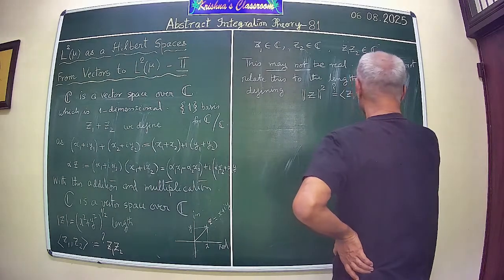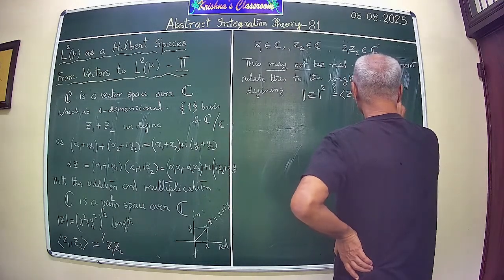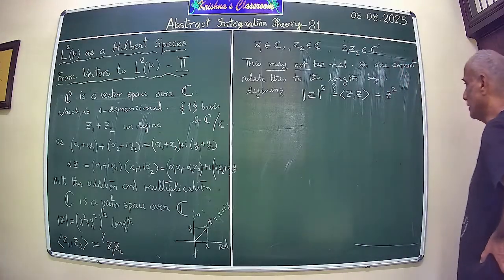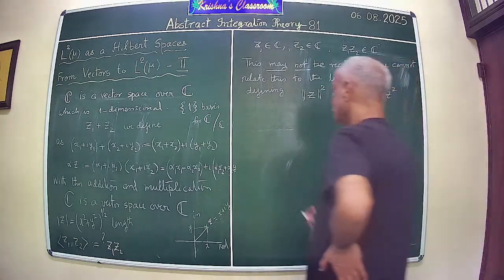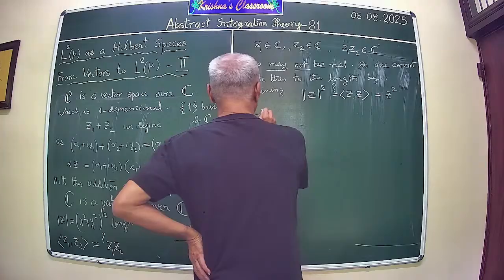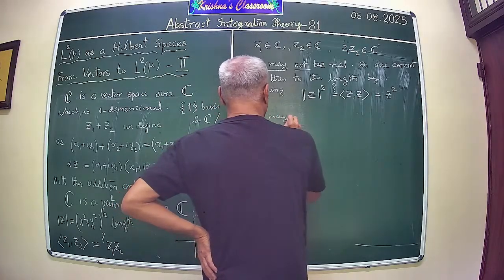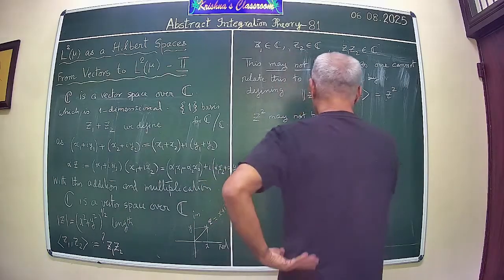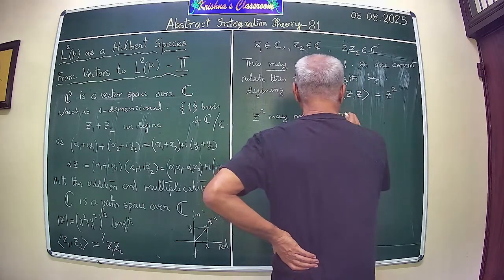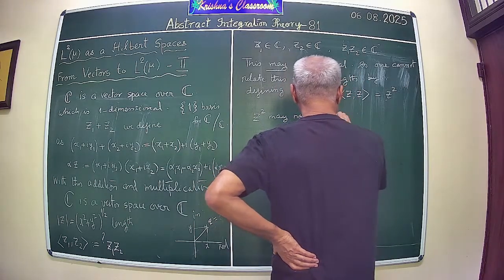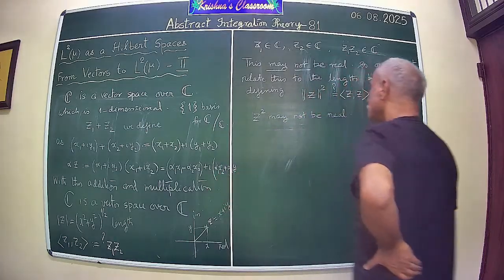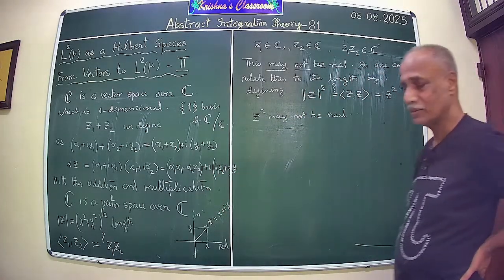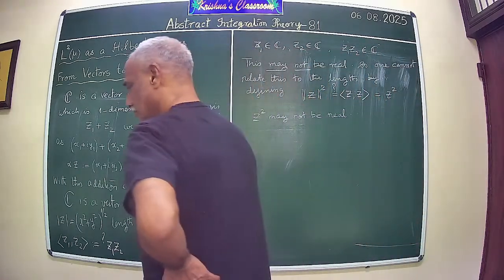Something which we would like to have is simply Z squared. So Z squared may not be real. So in a way, I think we are stuck. So we have to explore now.